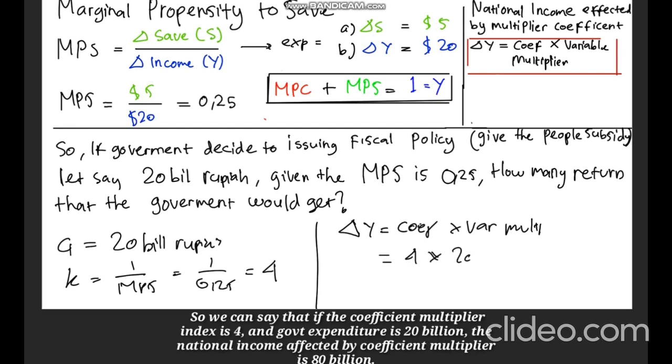So we can say that if the coefficient multiplier index is 4 and the government expenditure is 20 billion, the national income affected by the coefficient multiplier is 80 billion.